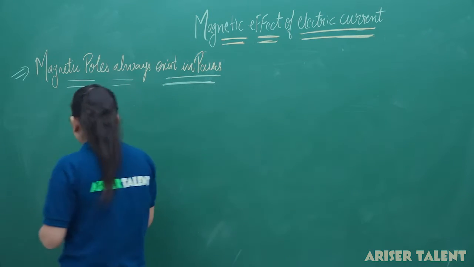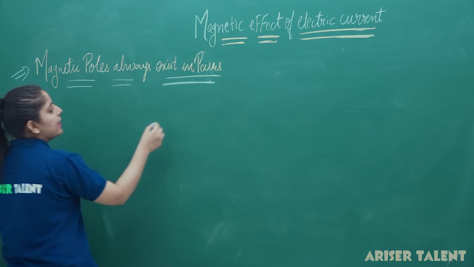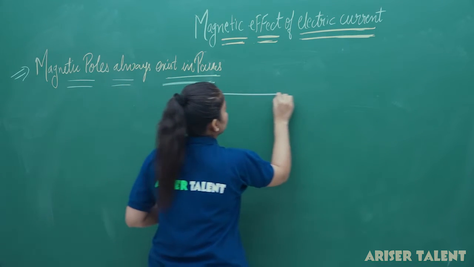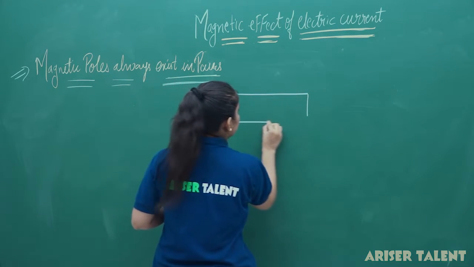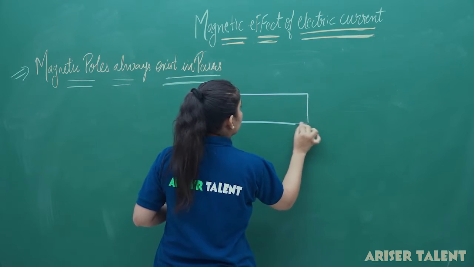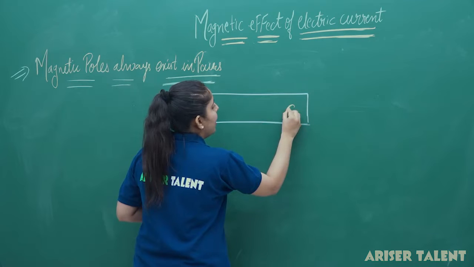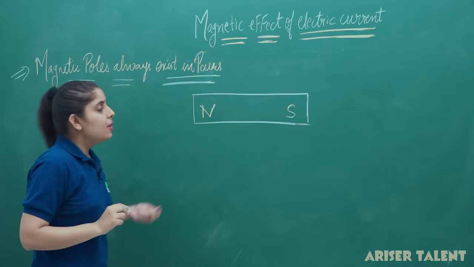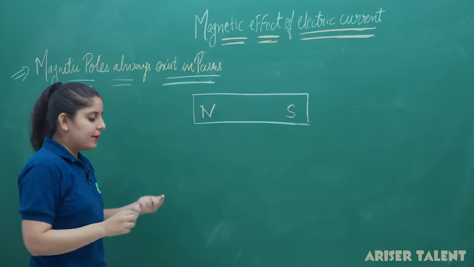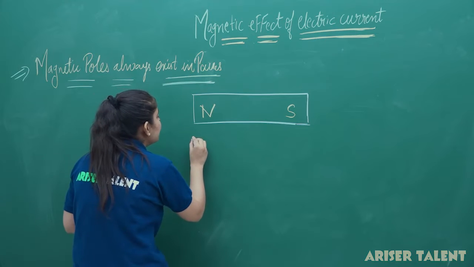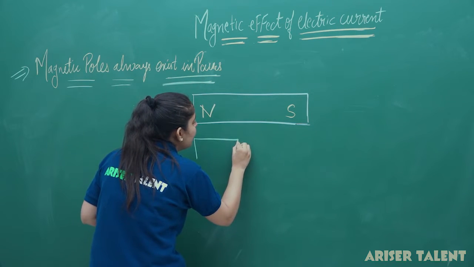Suppose I have a magnet here. This is our magnet. This magnet has a north pole and this has a south pole. Now, I am going to break this magnet. If I break this magnet, we will get two parts of the magnet like this.